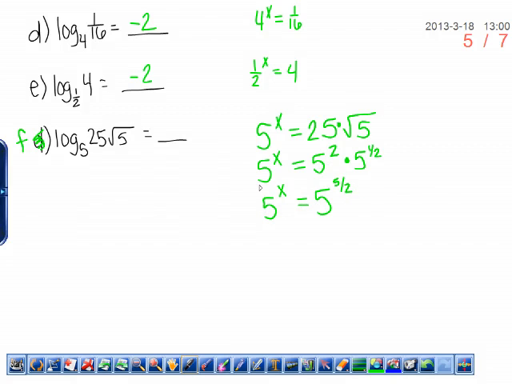So now that I have a single base on one side and a single base on the other side, I'm allowed to set my exponents equal to each other. So I know that x is equal to 5/2. Questions on that one?